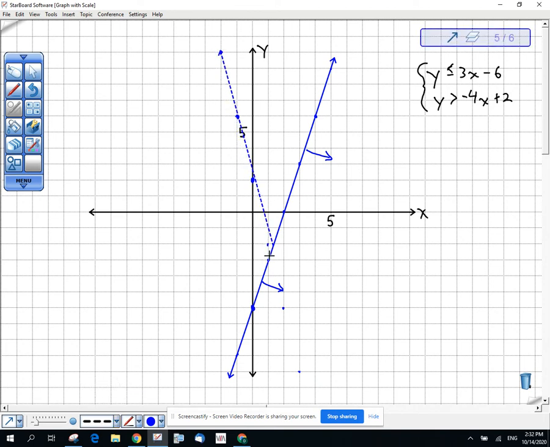There's my dash line. Okay, and then the shading greater than is this way. It's up. Greater than is up.